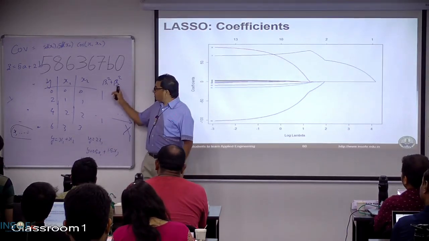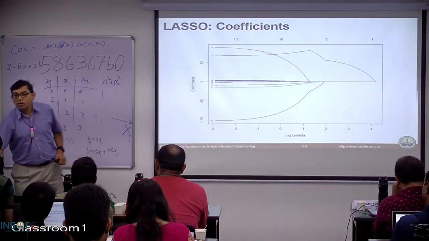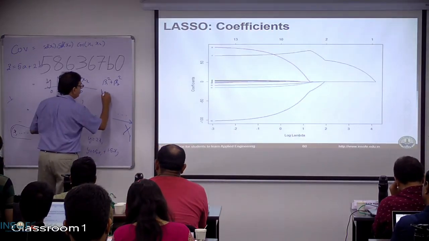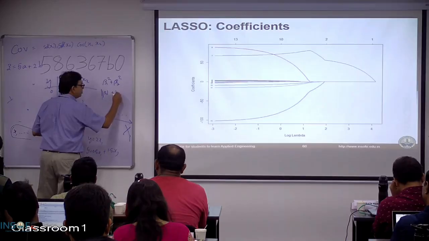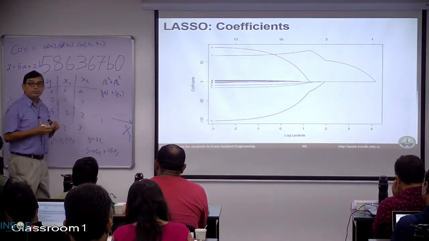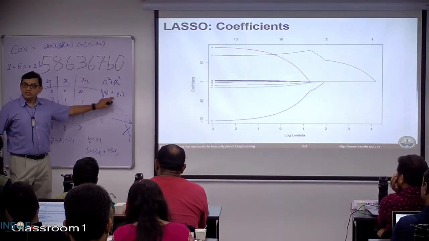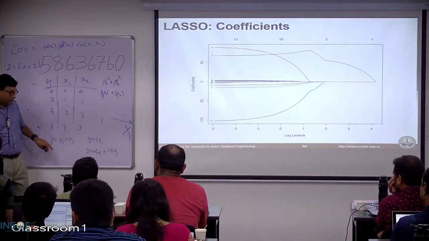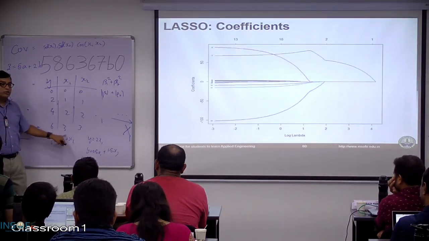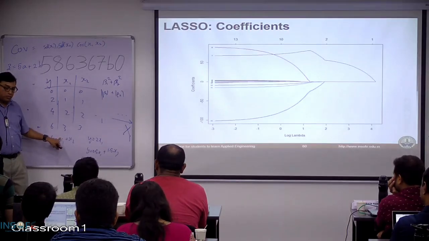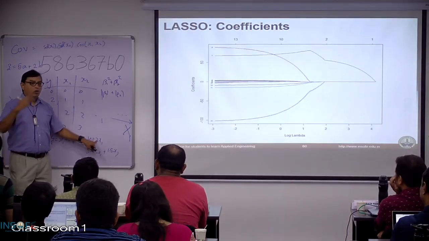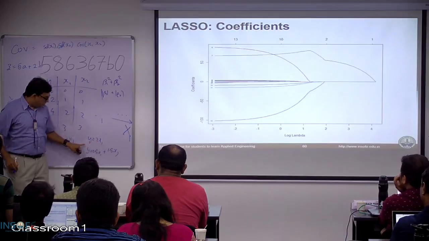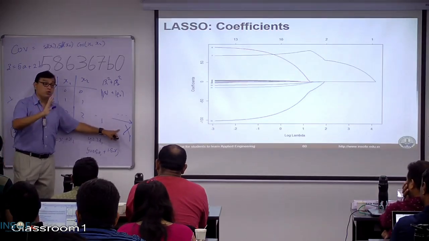But instead of trying to minimize this, if I try to minimize the absolute value of beta 1 plus the absolute value of beta 2, you know what I'll find? This one, the summation of these two is giving you 2. This one also gives you 2. 2 times x2, that will also give you 2.